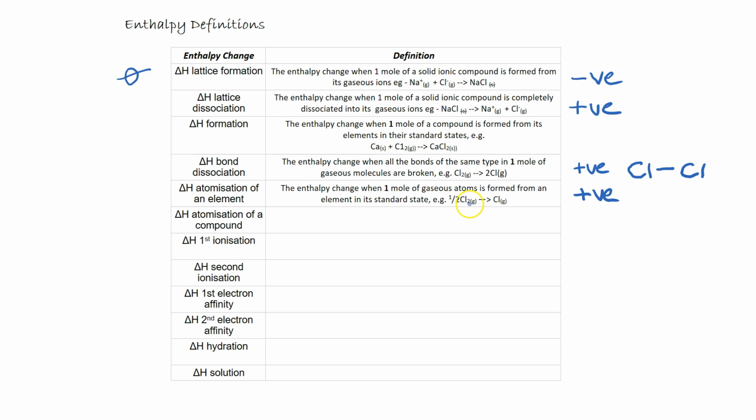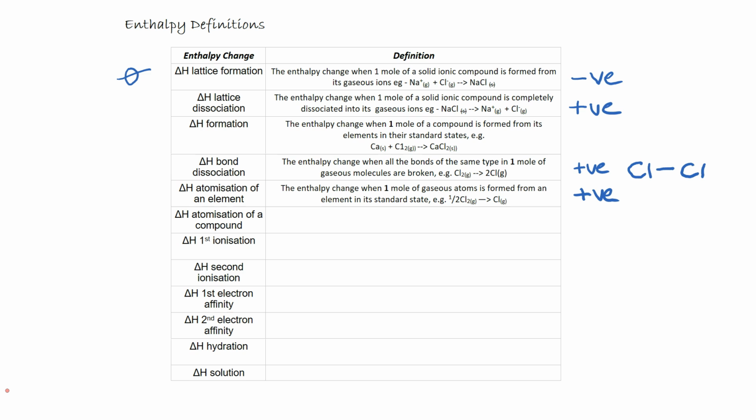So the enthalpy change when 1 mole of a gaseous atom is formed from an element in its standard state. So this time we have half a mole of Cl2 gaseous molecules going to 1 mole of chlorine atoms.